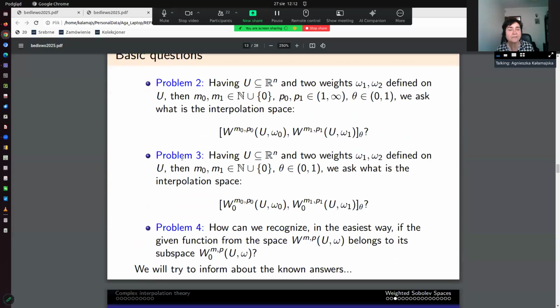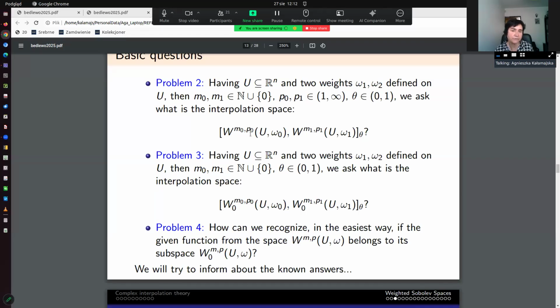And now, summing up what I said, basic questions. Problem 1: I have two weights. What is the complex interpolation space between those Sobolev spaces? One is related with a weight function omega 0, the other with omega 1. They have different terms of differentiability: here differentiability up to m0, here differentiability up to m1.